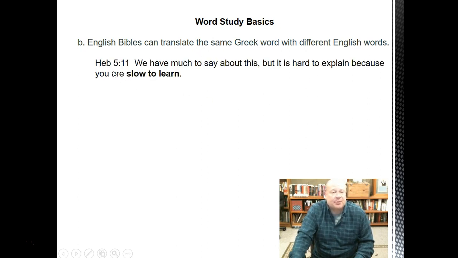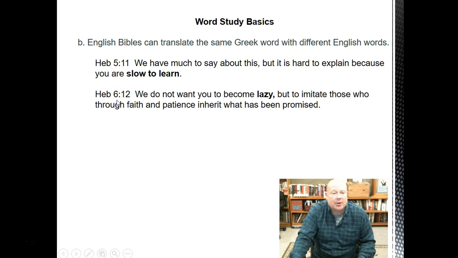So, for example, Hebrews 5:11, we have much to say about this, but it's hard to explain because you are slow to learn. Now, just in the English, you might think, oh, those poor Hebrews, they have a learning disability, maybe dyslexia. Well, if you do a word study on that Greek word, you find out it only occurs one other time. The next chapter, Hebrews 6:12, it says, we do not want you to become lazy.